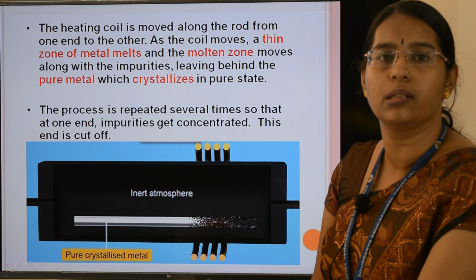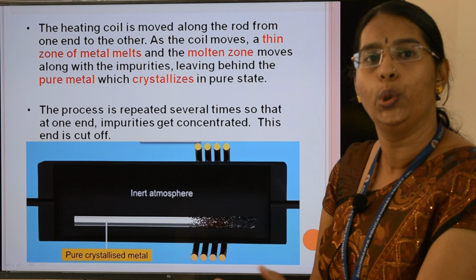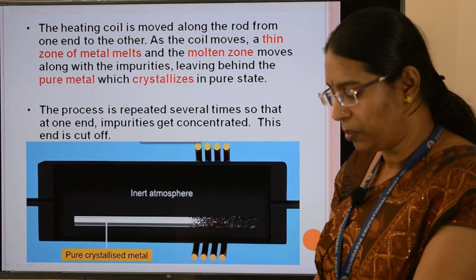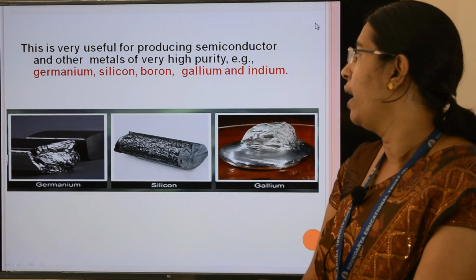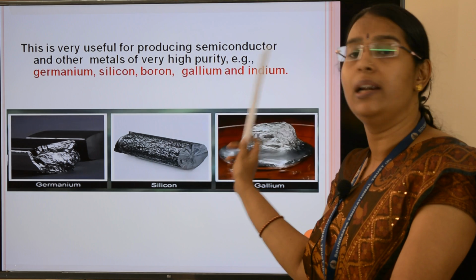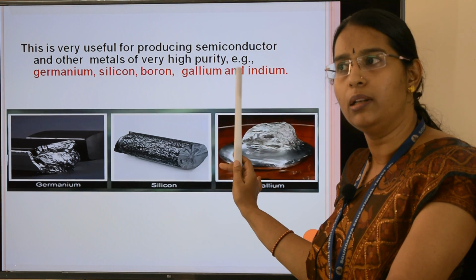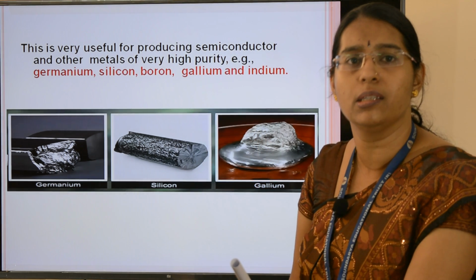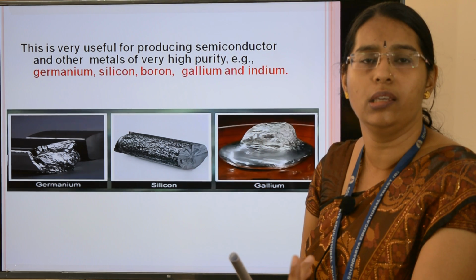It can be asked in your annual exam for 2 or 3 marks, or sometimes even for 1 mark. And it is very useful for producing semiconductors. This is important. Sometimes it will be asked, for the purification of semiconductors, which purification technique is used?